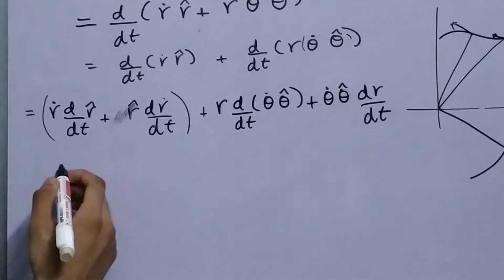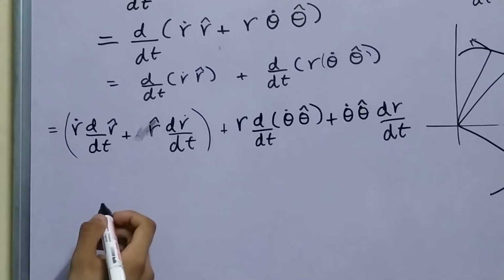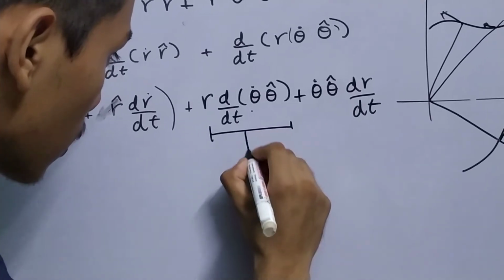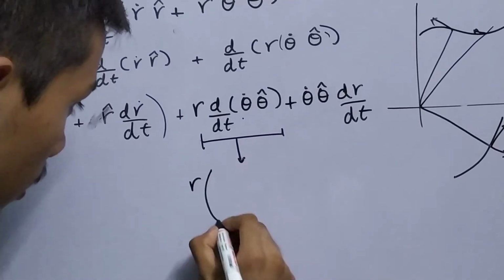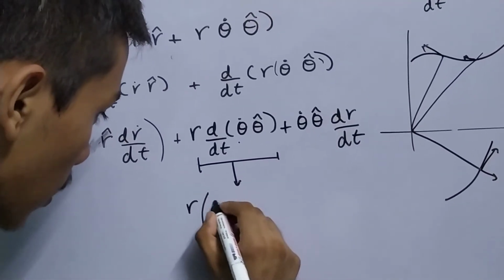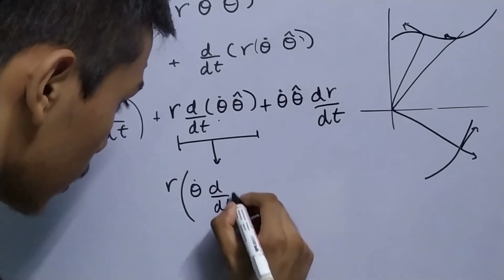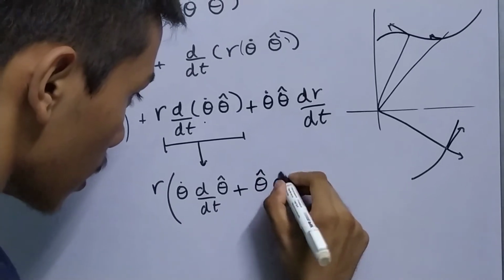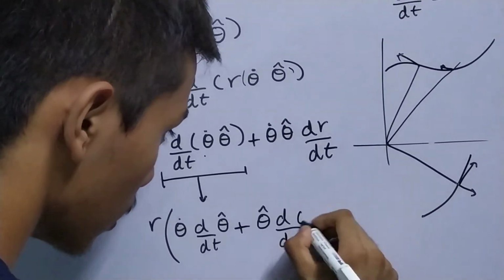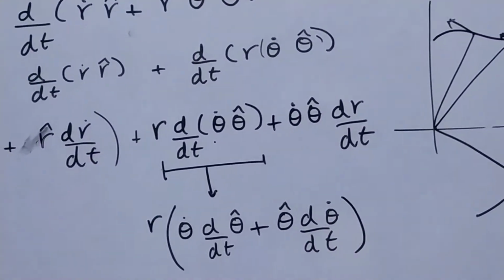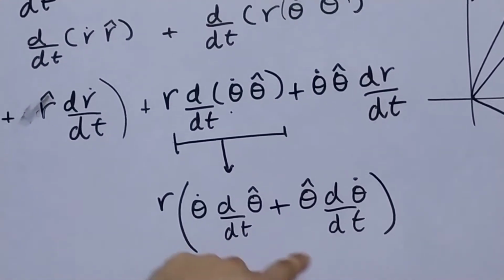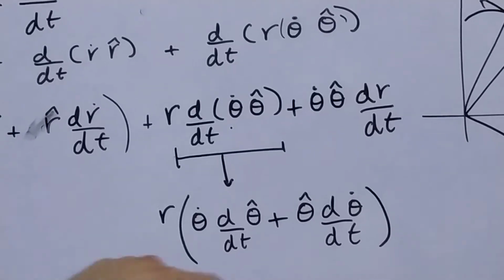So let me just do it right now. This term will become r theta dot d by dt of theta cap plus theta cap d by dt of theta dot. Do not forget to multiply by r when you are done evaluating.